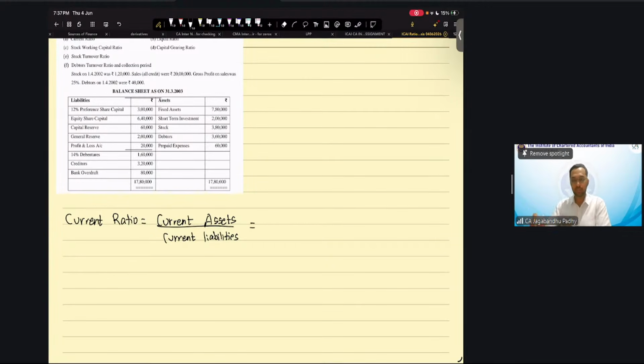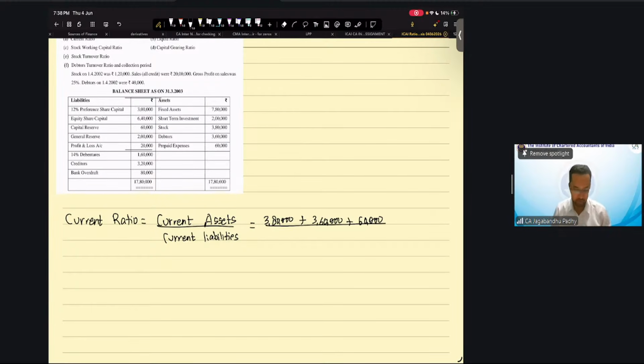So current assets is going to comprise of 3,80,000 of stock plus 3,60,000 of debtors plus prepaid expense of 60,000, and then divided by the current liabilities.